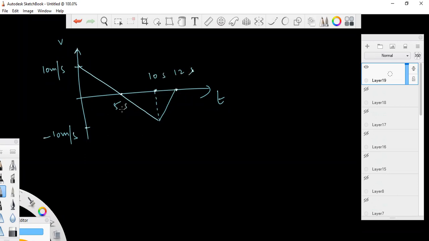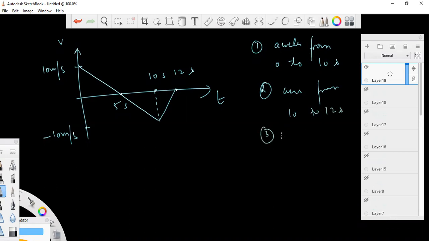My question is, I'll ask you a few questions. First, what is the acceleration from 0 to 10 seconds? Second, the acceleration from 10 to 12 seconds, and the net acceleration, A net, during the entire path from 0 to 12 seconds.